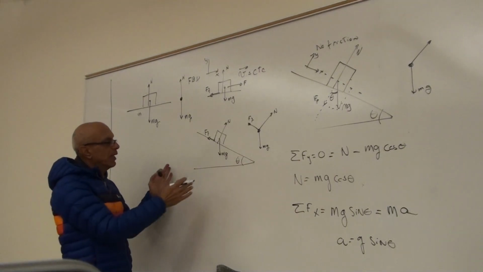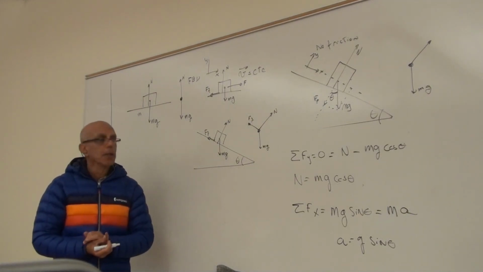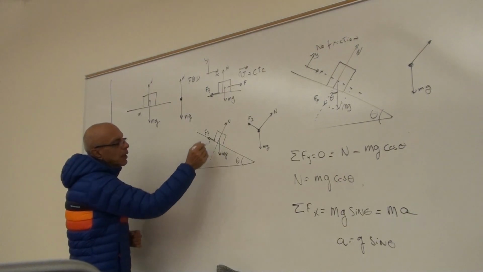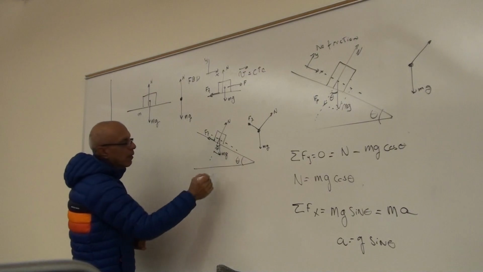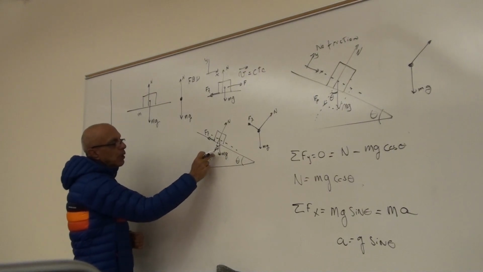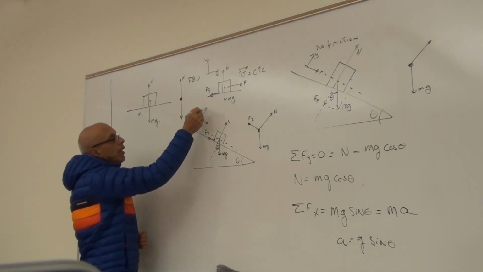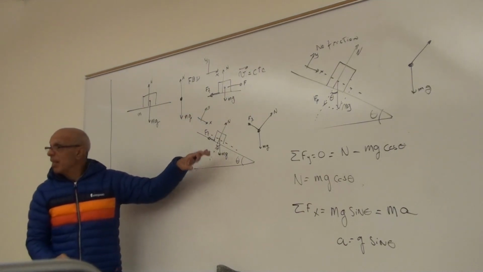So now, let's write down the equations. I can extend this, and I can extend this, and here this is theta, and I'm going to have the projection of the weight on the y-axis, because now I have my coordinate system this way, conveniently adjusted to make my life easier.